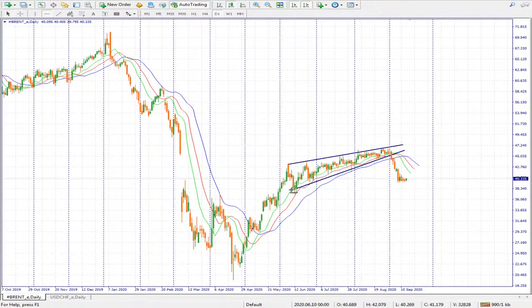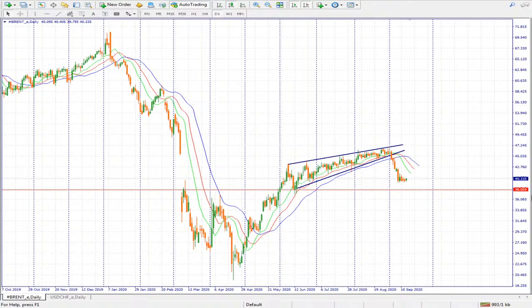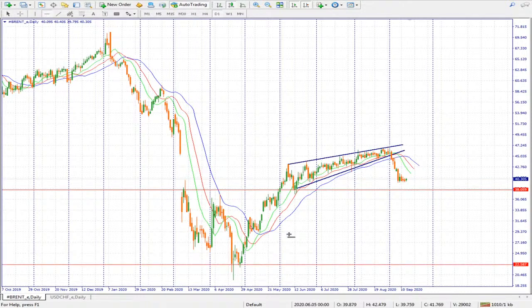So we do expect a continuation to the lower side up to 38.059. So expect price to proceed down up to this point, where if it does break below, expect it to continue even lower up to this point. We also have another level here. So these are the levels to look for: 38.059, 29.478, and also 22.587.